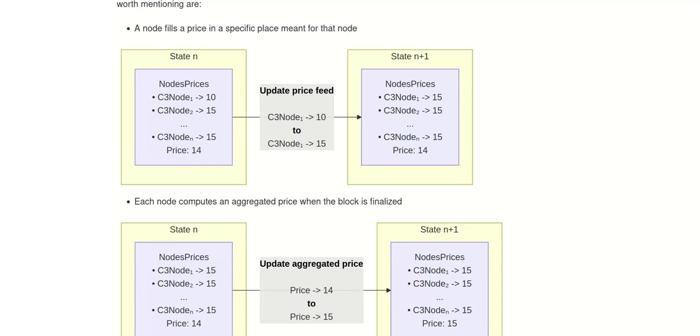In this case, we have two key state transitions. When a node informs a data feed, which involves storing that information in a specific storage for the nodes, and when the aggregated feed is stored, which happens after the aggregation algorithm is executed.